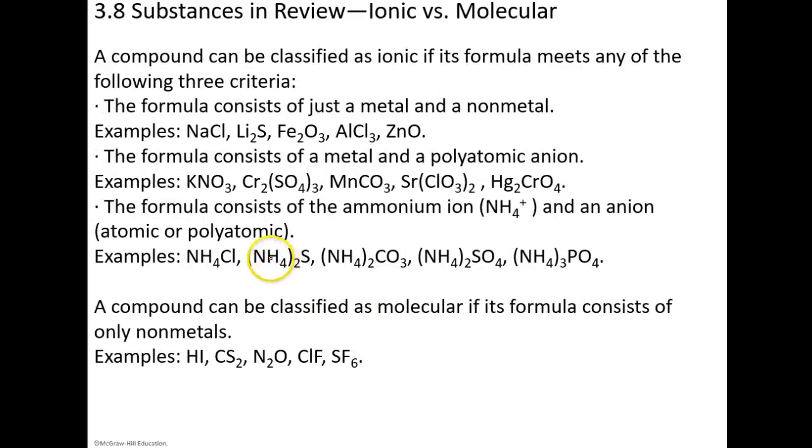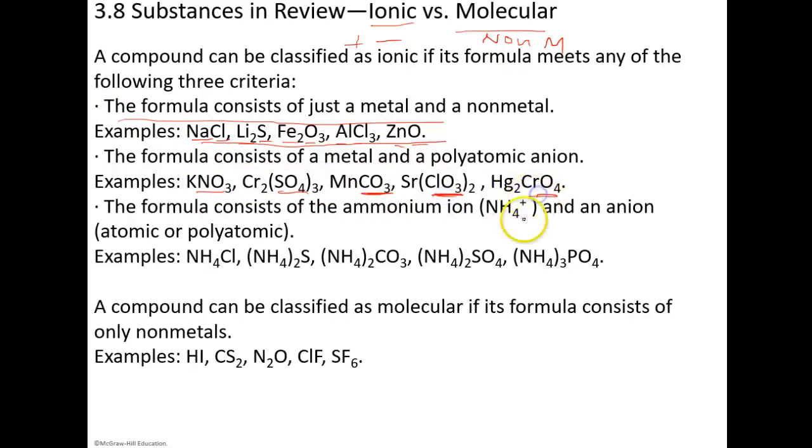How do you determine between ionic and molecular? Should be pretty easy. Ionic has a cation and an anion. Molecular is all nonmetals. So here, metal, nonmetal: ionic. They can consist of binary compounds, which these are all examples of, or polyatomic ions in them.